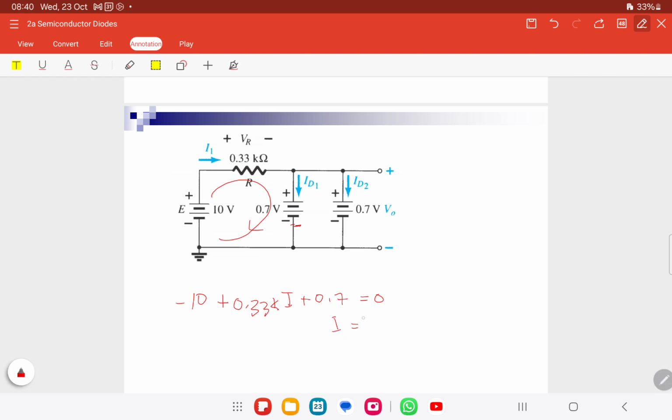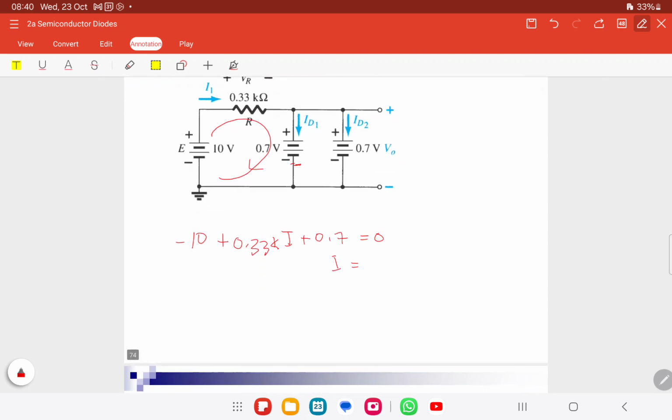I equals to berapa? 0.023238 ke 28 ampere.